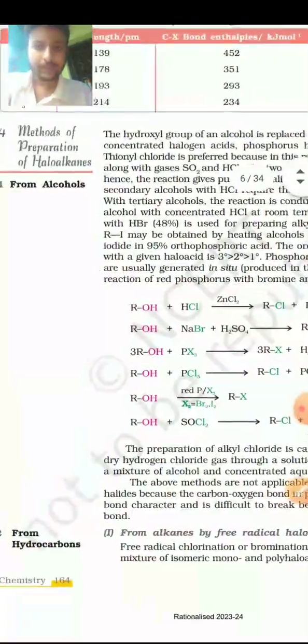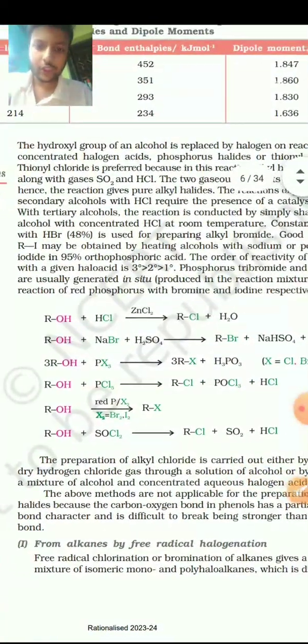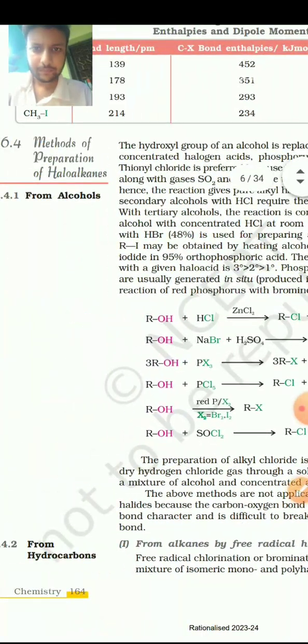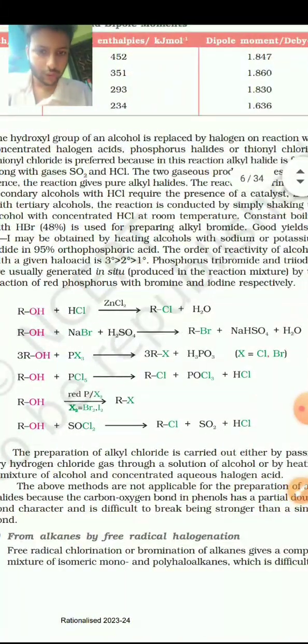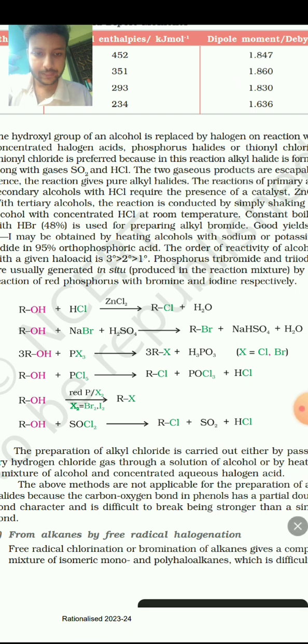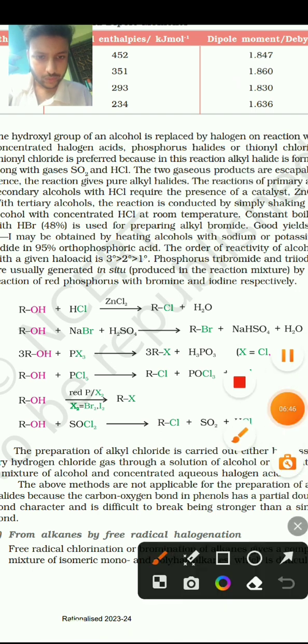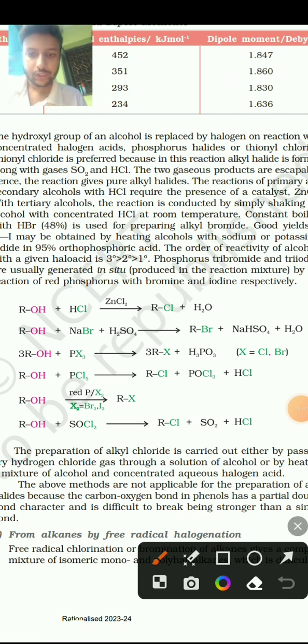Okay, here are some of the reactions or preparation of haloalkanes using alcohols. There are some processes where you have to use alcohol in the preparation of haloalkane. As you can see, alcohol has been taken. R means alkyl group, let's suppose C2H5 or CH3.